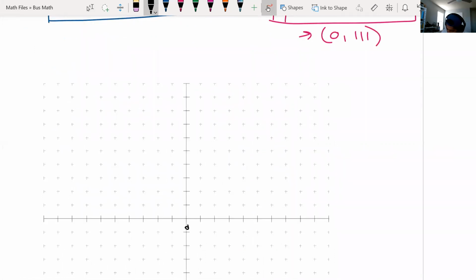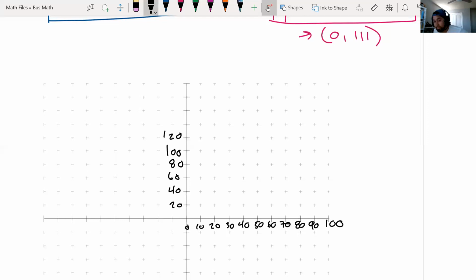So 0, 10, 20, 30, 40, 50, 60, 70, 80, 90, 100. And then my Y value is 111. So I can't go by tens, but I can go by 20s. That might do it for us. So let's just do 20, 40, 60, 80, 100, and 120.